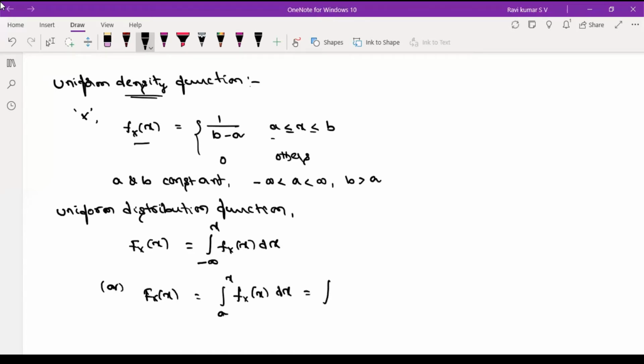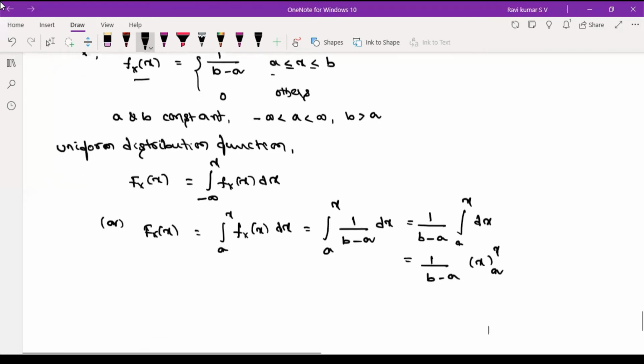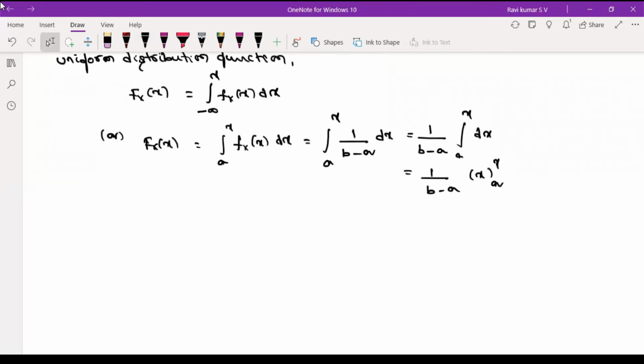Now from a to x, the given function is 1 by b minus a dx. You can integrate the terms. 1 by b minus a is a constant, so it is 1 by b minus a times the integral of dx, which is x, with limits a to x.